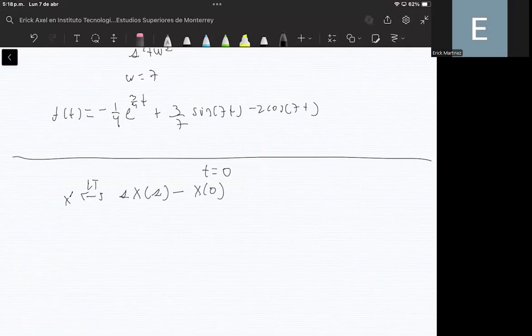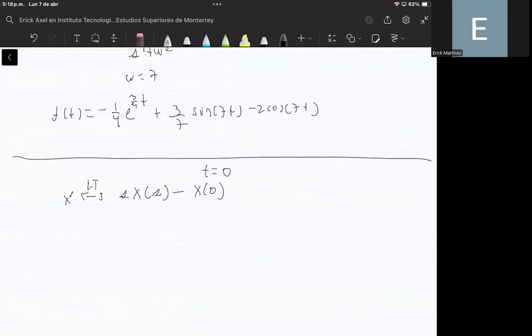Okay, here we need only to multiply. If we have a first order derivative, you only need to take s and multiply by x of s, minus the value of the initial condition at time t equals 0. Okay, so we need to use this expression.